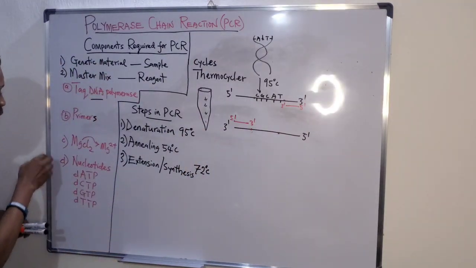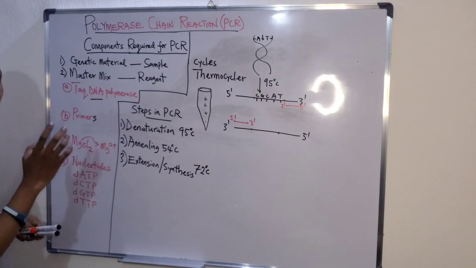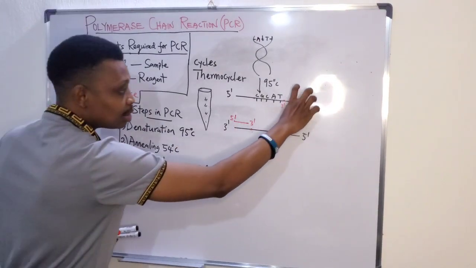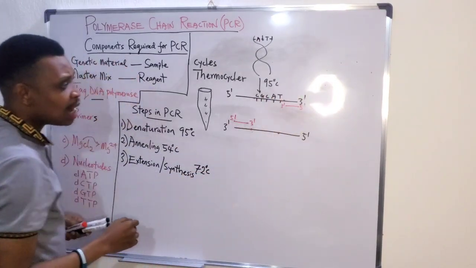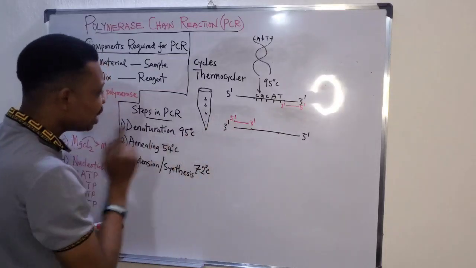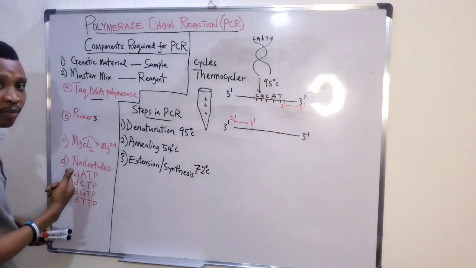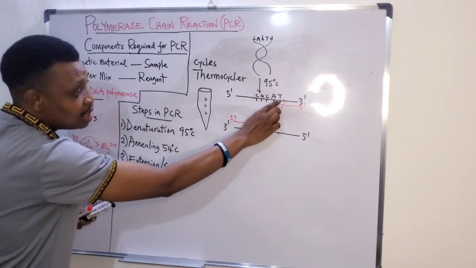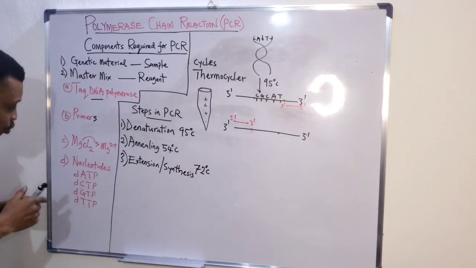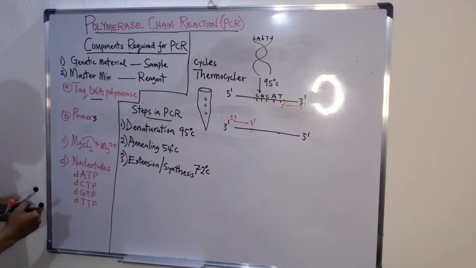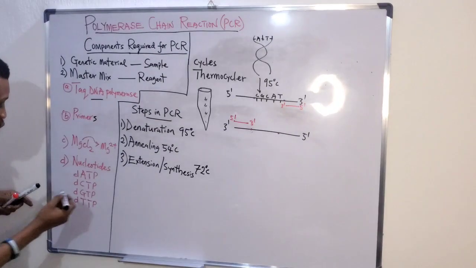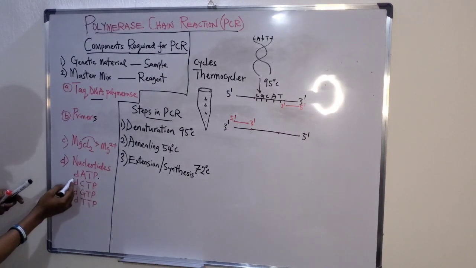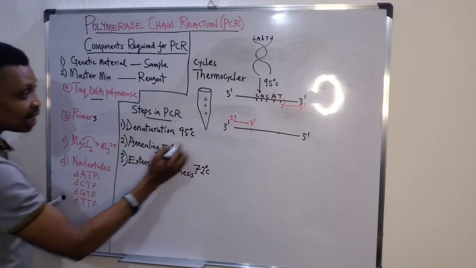What Taq DNA polymerase does is it gets attached here, and then it begins to pick the complementary nucleotide and add. So for this case, since this is thymine, thymine is supposed to bind with what? Adenine. So it is going to pick this. It will now pick this nucleotide and add there.